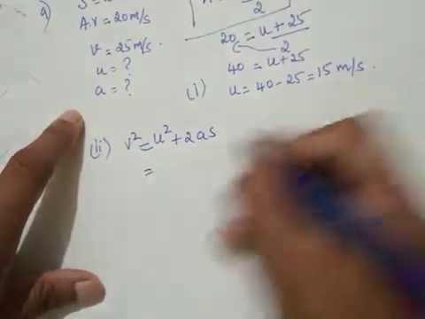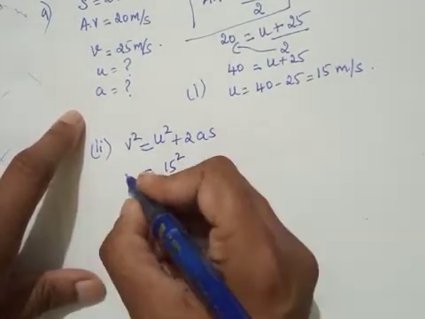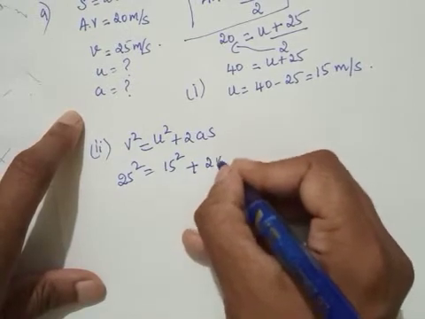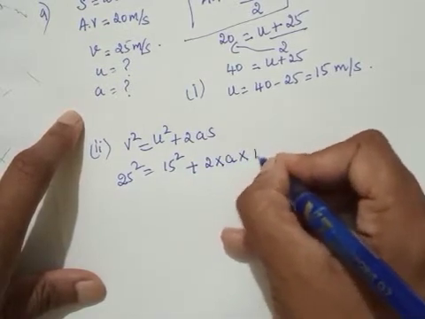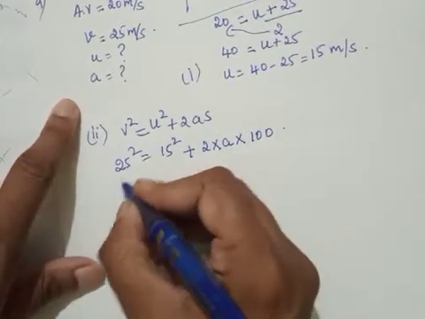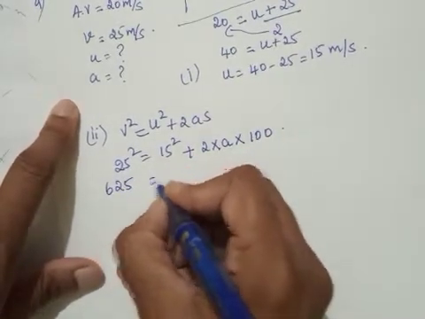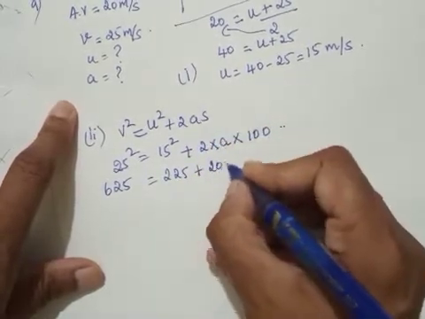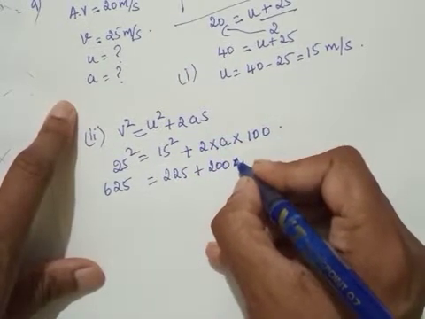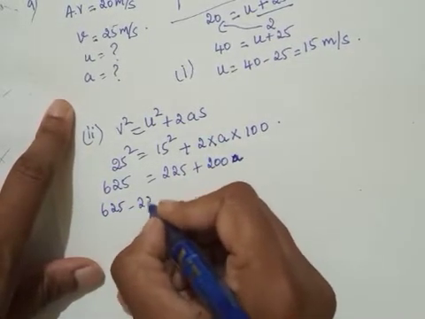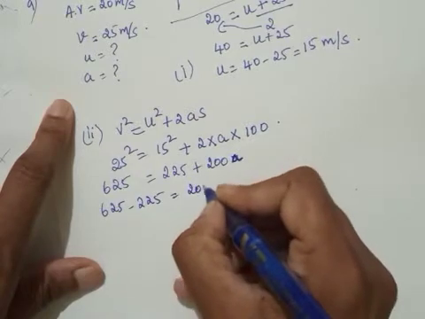So our U square is 15 square, V square is 25 square, plus 2A we have to find. S is 100. So 25 square is 625, 15 square is 225, plus 200 into A, 200A. So bring this side: 625 minus 225 is equal to 200A.